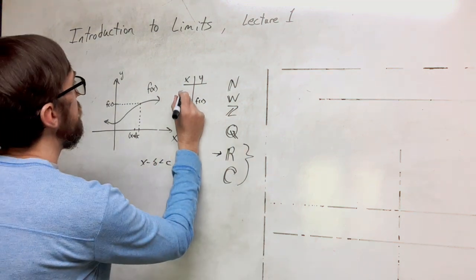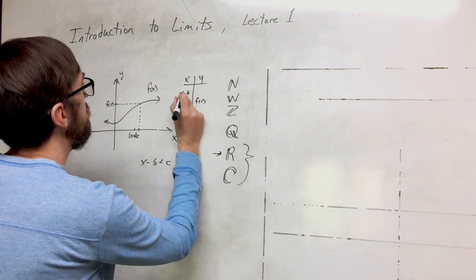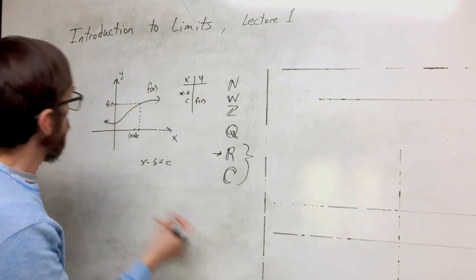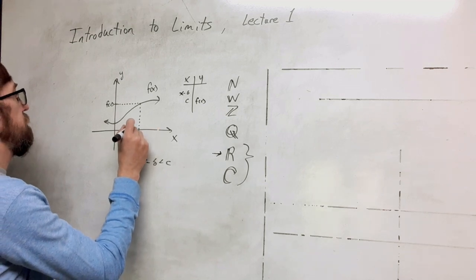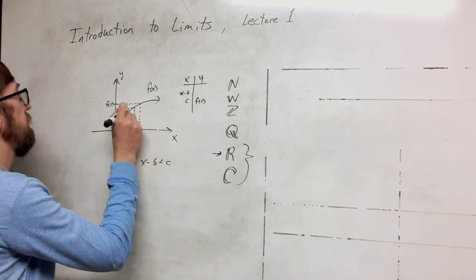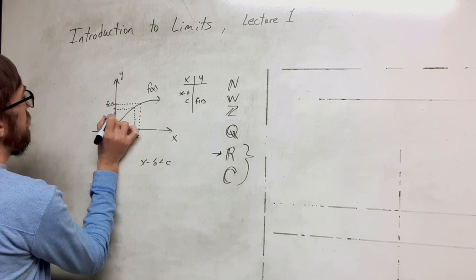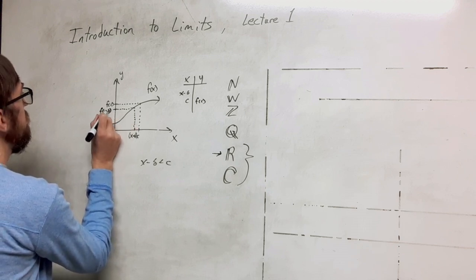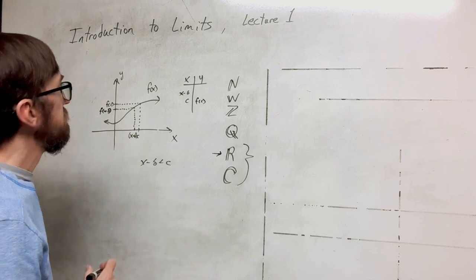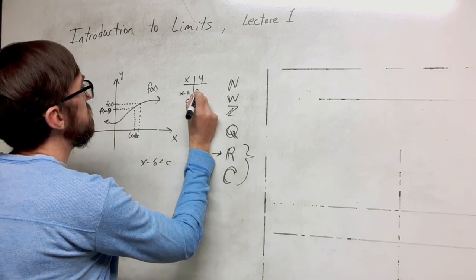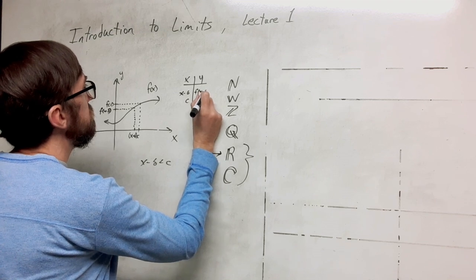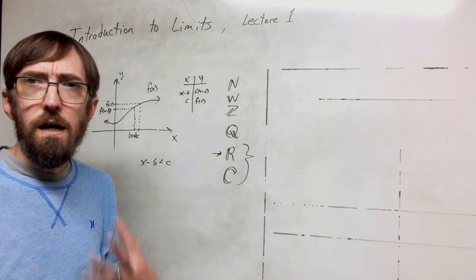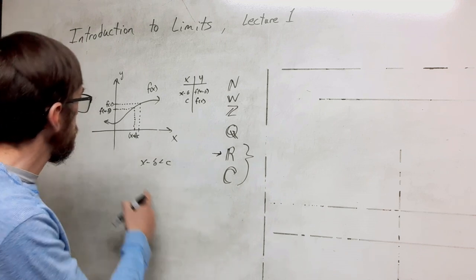As I plug that into the function, where is that going to be? Graphically, I can come over here and f of c minus delta will be right there. Right now, this is very abstract. I'm not using actual numbers in this.